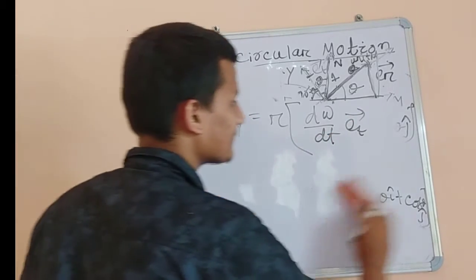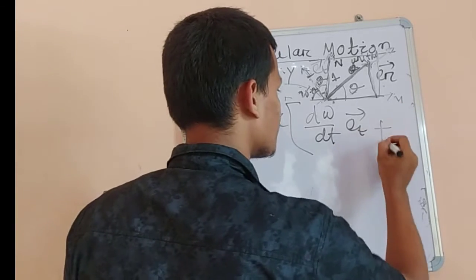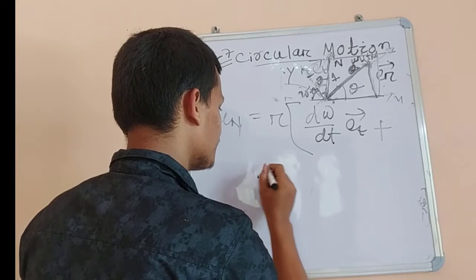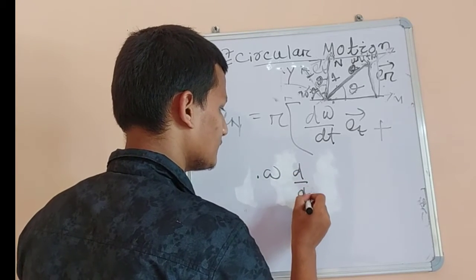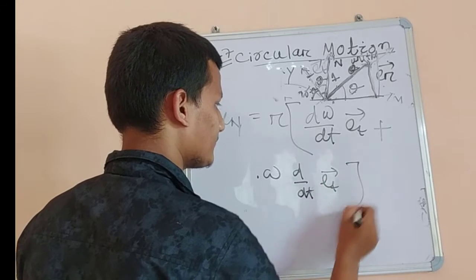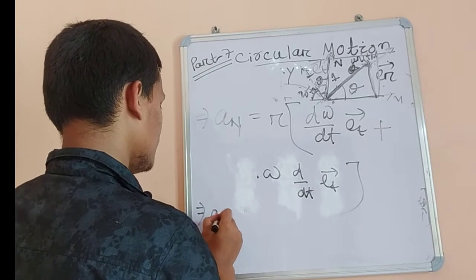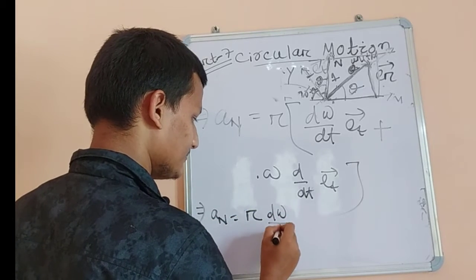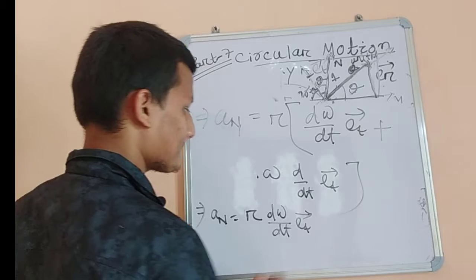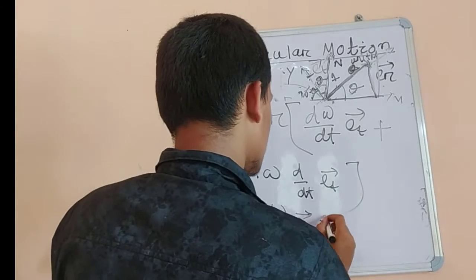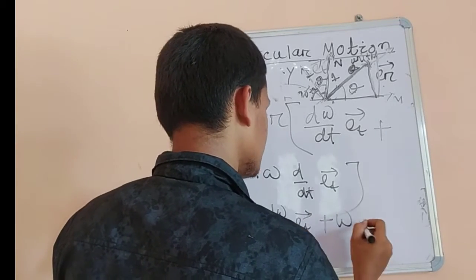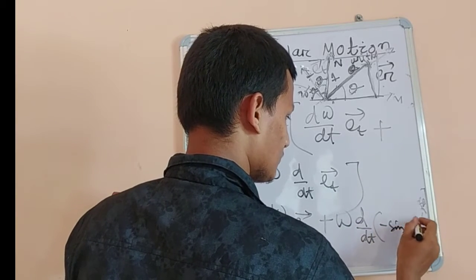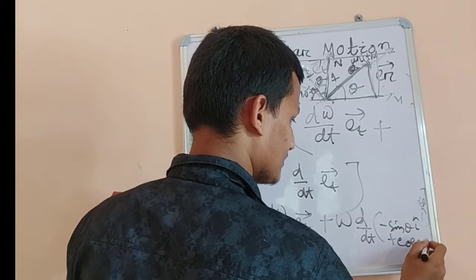plus omega into d by dt of et vector. So a net equals r d omega by dt et vector, plus omega d by dt of minus sin theta i cap plus cos theta j cap.